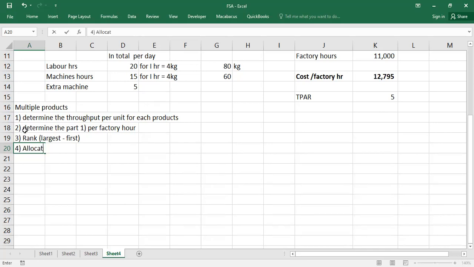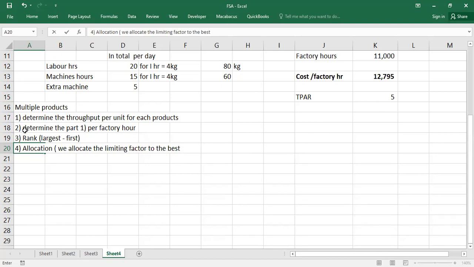We allocate the limiting factor to the best.